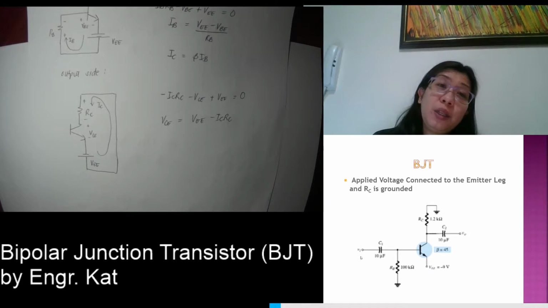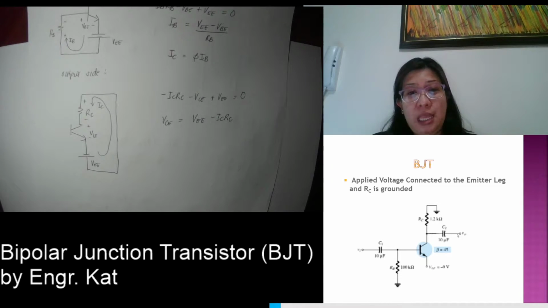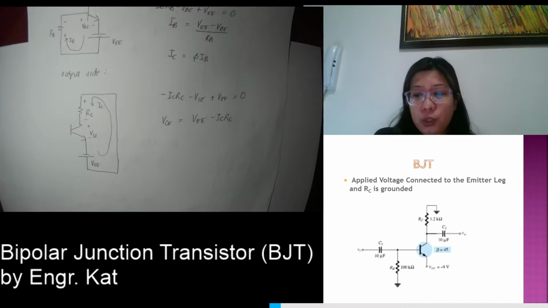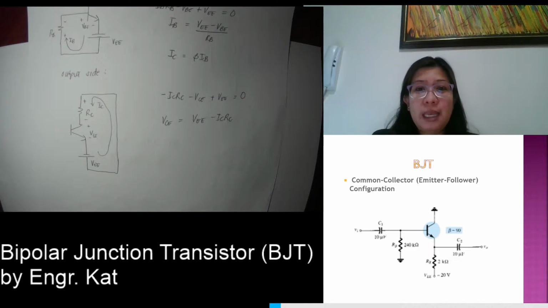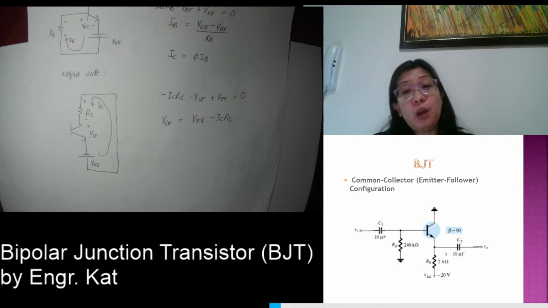So the input is at your base and the output is at the collector side. When your input is your base and your output is at the collector side, you still have a common emitter configuration. What is different here is that our output is being measured at the emitter terminal. So the input is your base and the output is at the emitter.